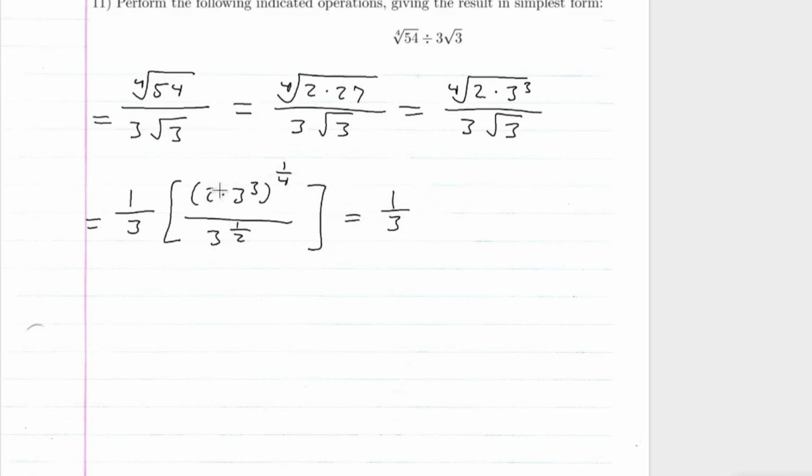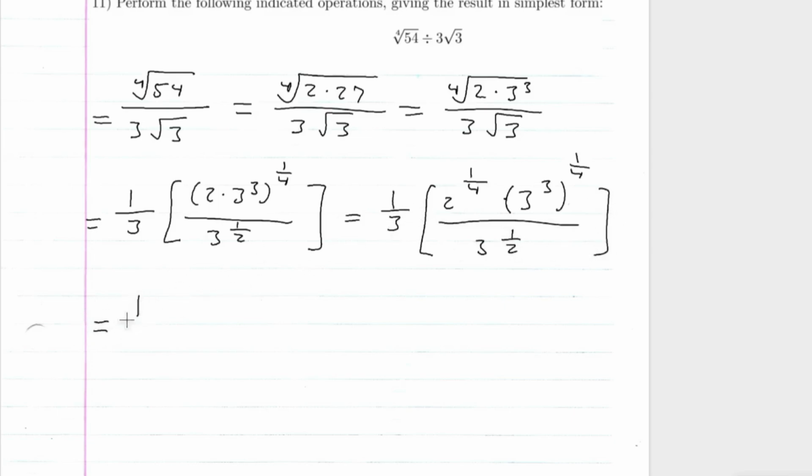And of course, remember, I can separate these just like when we just had radicals. So this will be the same thing as 2 to the 1/4 times 3 cubed raised to the 1/4 power, and that'll be over 3 to the 1/2.